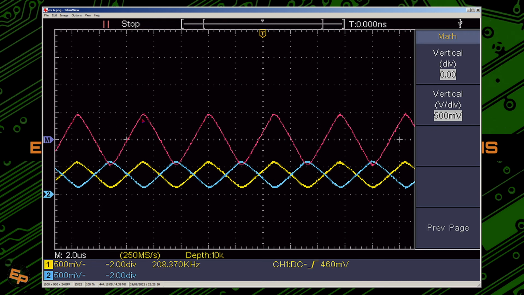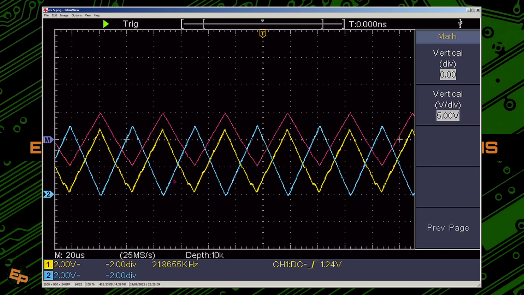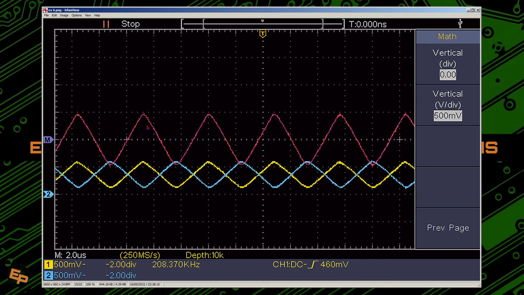So we have here the magenta signal, the output signal, at 500 millivolts per division, and the frequency is 208 kilohertz. Compared to 5 volts per division, where we have basically 10 volts peak to peak at 21 kilohertz, at 200 kilohertz we only have 1 volt peak to peak, or even less than 1 volt, because the frequency is too high and those capacitors act like a filter.